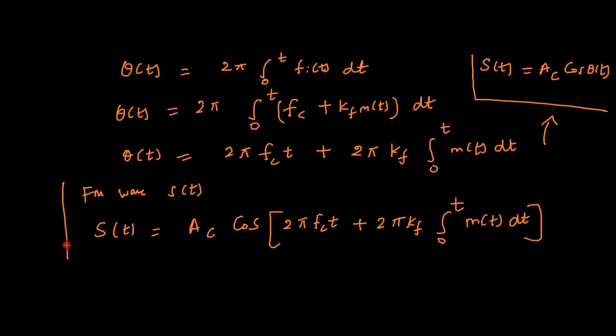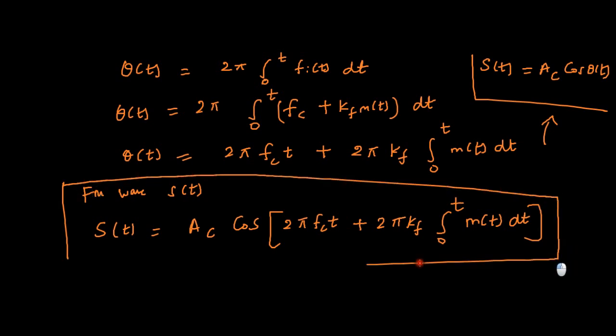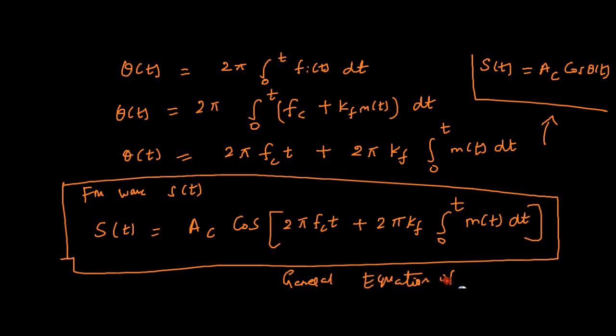So this is our frequency modulated signal. We have derived the equation for the frequency modulated wave, and if we need the equation of the FM wave for single tone modulation, we have to substitute m of t equal to Am cos 2 pi fm t. This is the general equation of the FM wave.